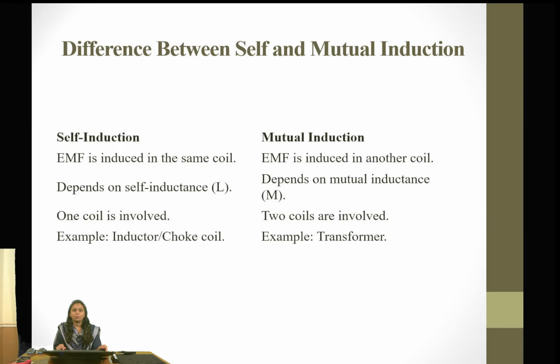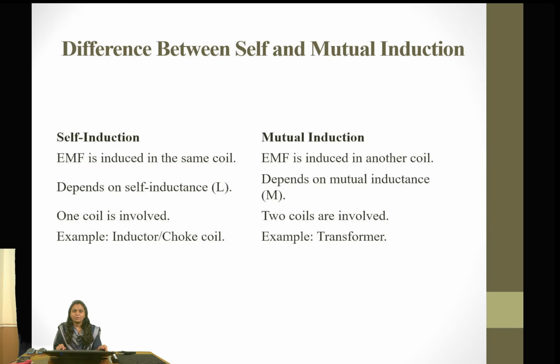Here we are going to see the difference between self and mutual induction. EMF is induced in the same coil in case of self induction, and EMF is induced in another coil in case of mutual induction. Self induction depends on self inductance, mutual induction depends on mutual inductance.